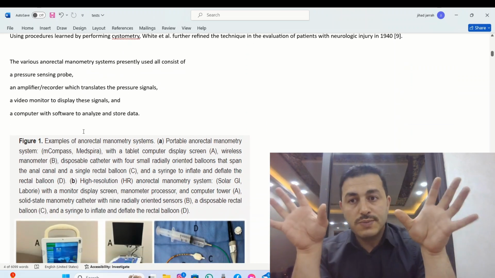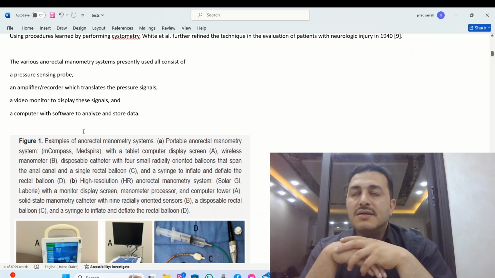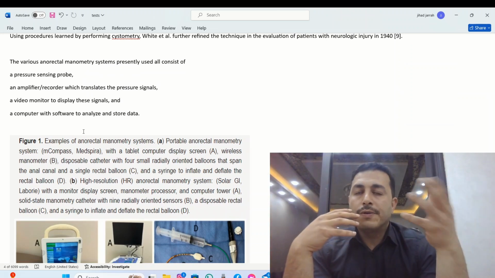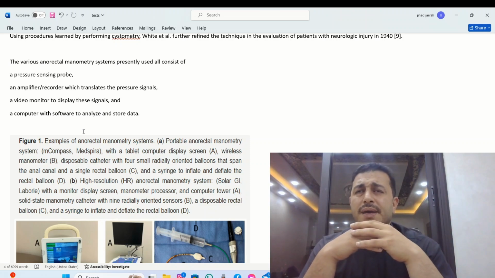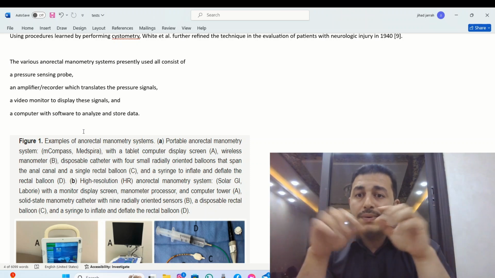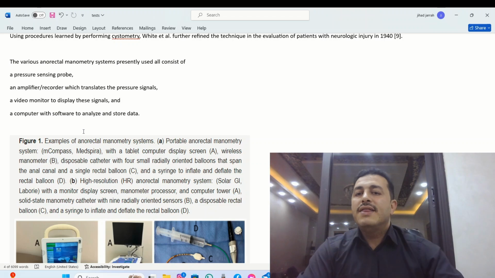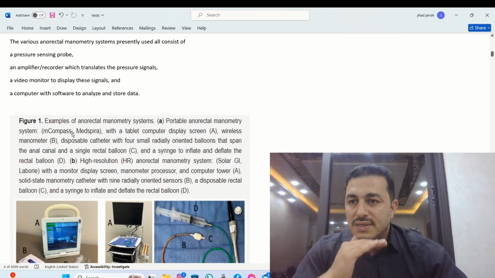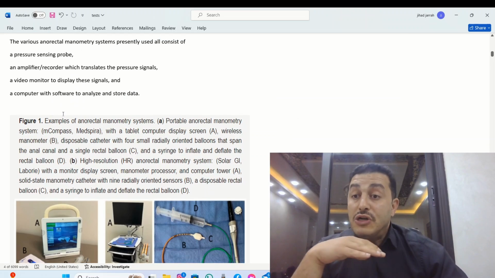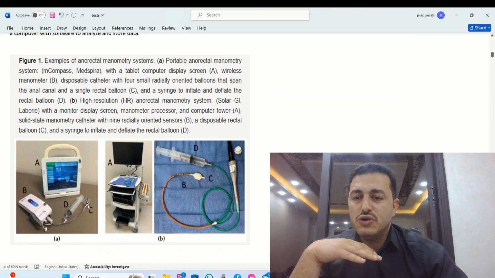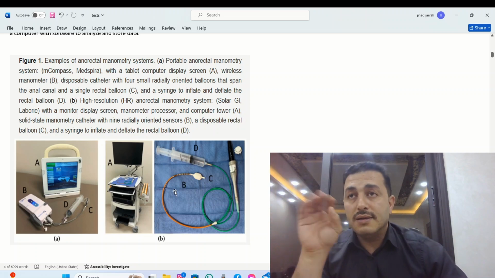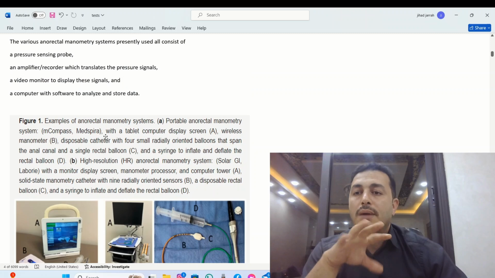We have many forms of anal manometers, the traditional, more classic type, and the more advanced type, which can be classified according to the probe itself, but they consistently consist of a pressure sensing probe. This picture shows a pressure sensing probe, which comes in many models and techniques. We will talk about them.